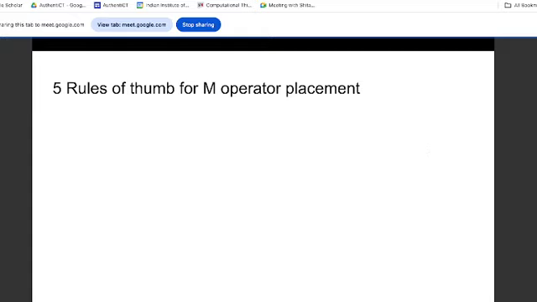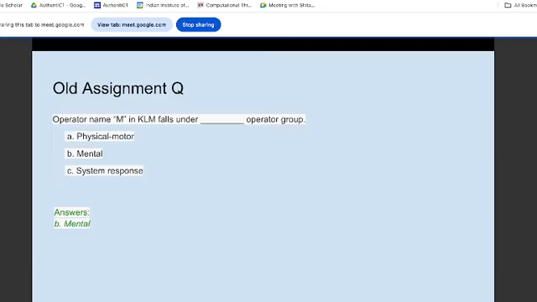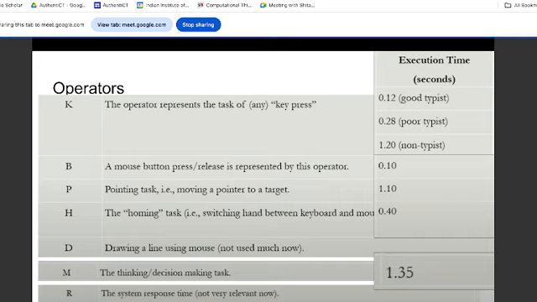We will see an example also in these 5 rules of thumb for M operator placement. Before we go over here, let's take an example. I will explain it now here only.